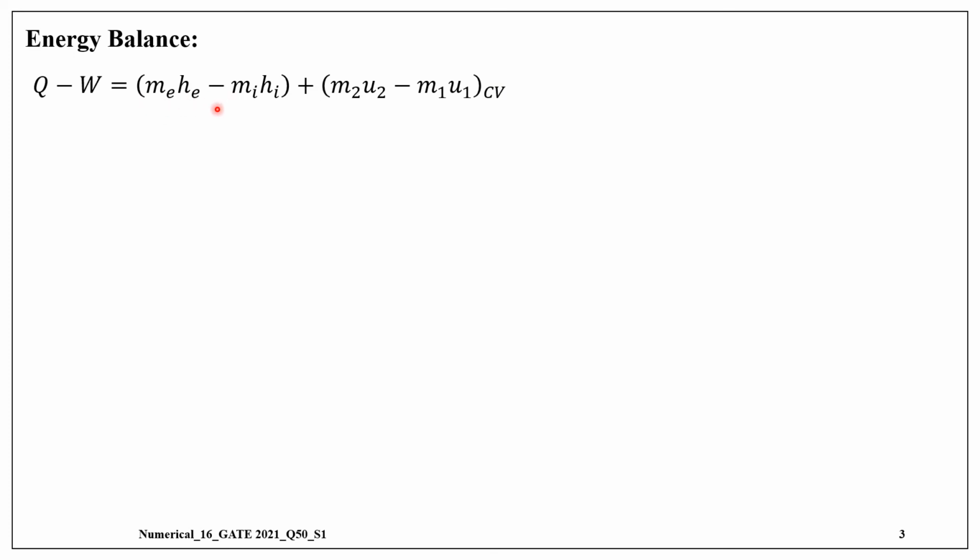This enthalpy are denoted using the subscripts E and I. Therefore, they represent the supply line, and here 2 and 1 represent the control volume.